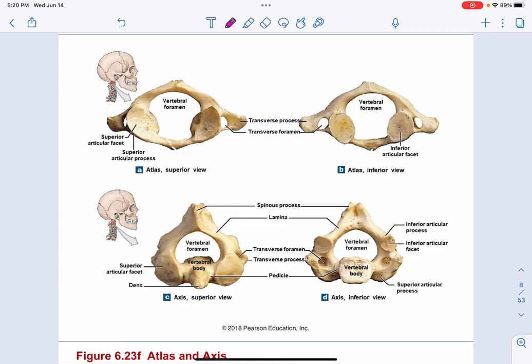What is nice is it shows you a superior view and an inferior view so that you are able to see the superior articulating process and the inferior articulating process. Same with the axis. You can see a superior view and an inferior view.